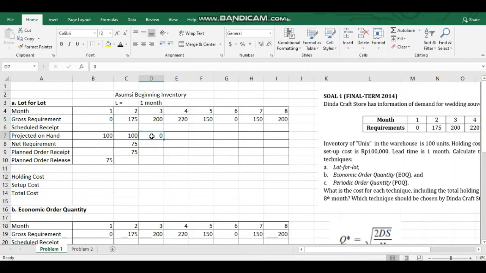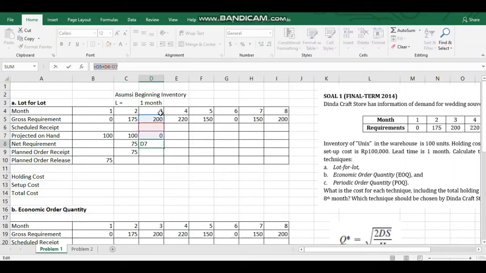So now we have no units at all. To fulfill the requirement, we have to place our order for all of them, 200 units, because the net requirement is also 200 units, right?